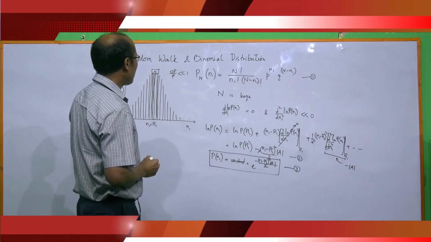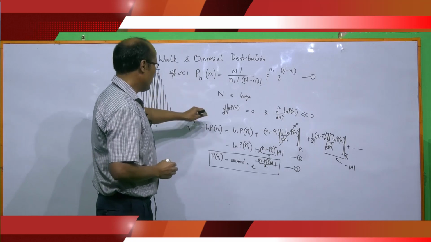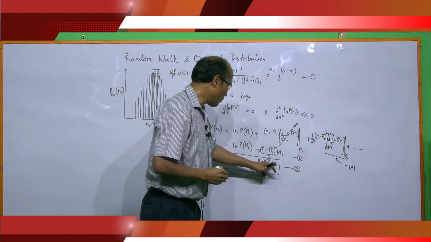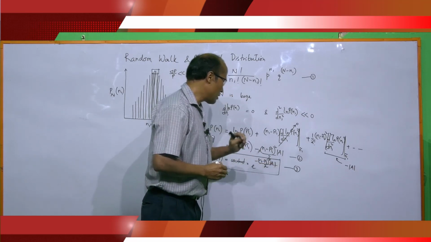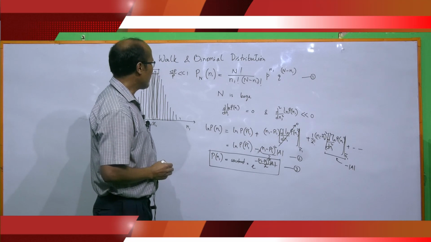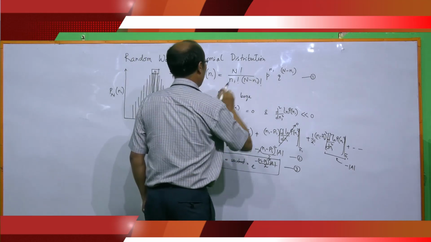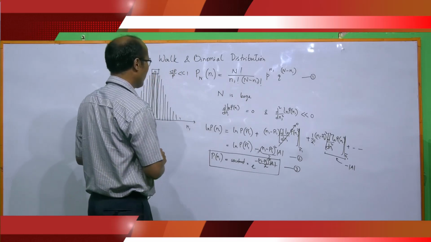Then let us apply these conditions, in order to determine the constants and the value of this constant A, to the actual binomial distribution.